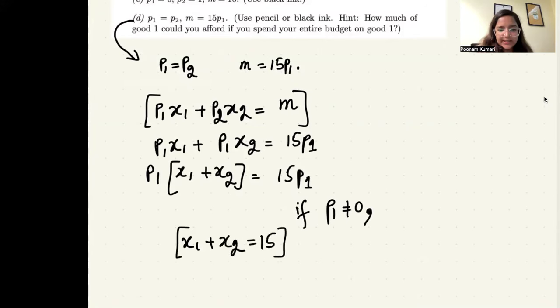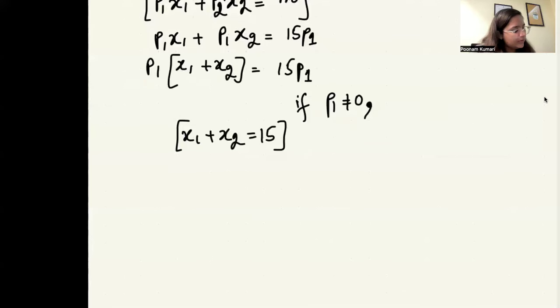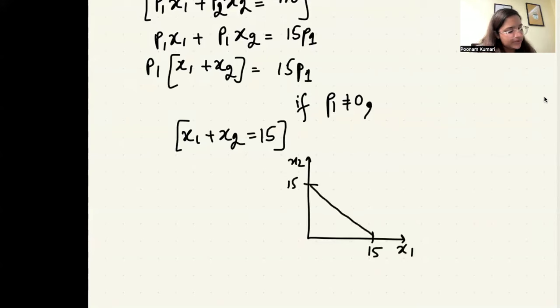So this is my budget line. So how will we draw it now? x1, x2. Then 15 is here, 15 is here, and this is my budget line, right? ठीक है?